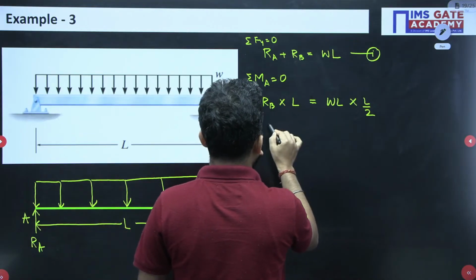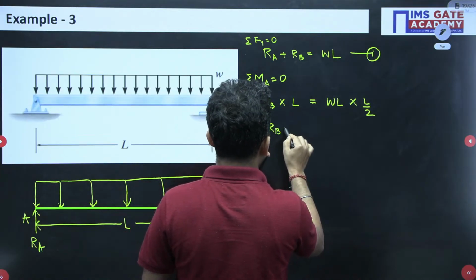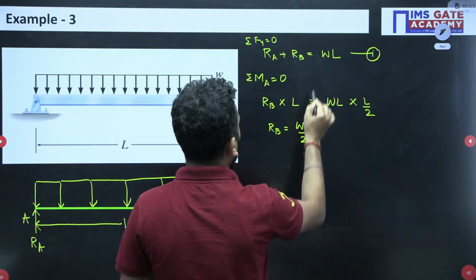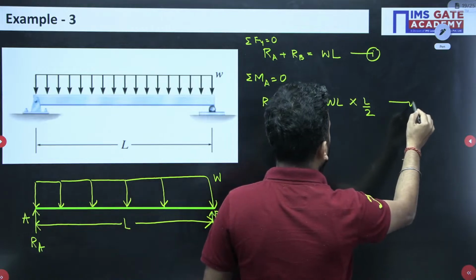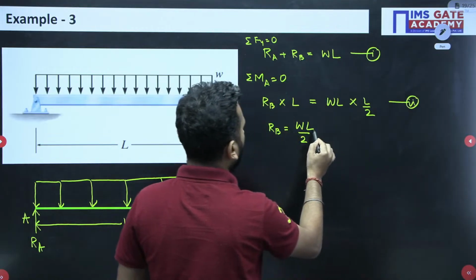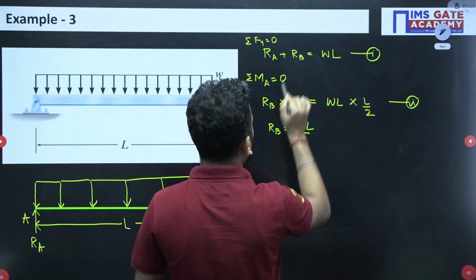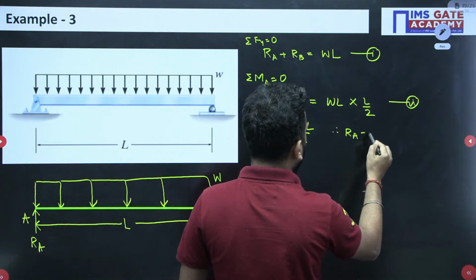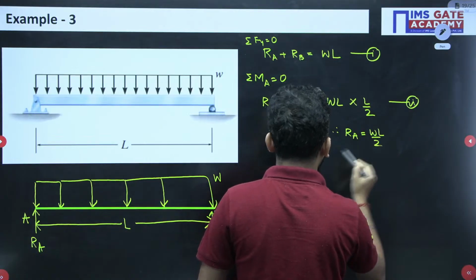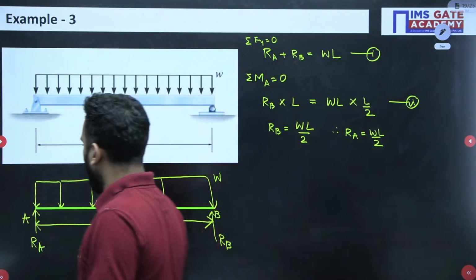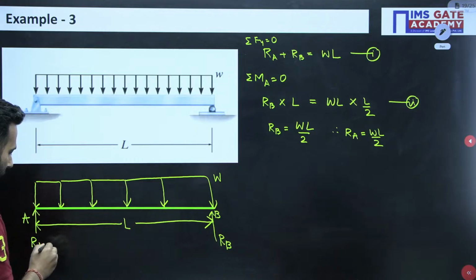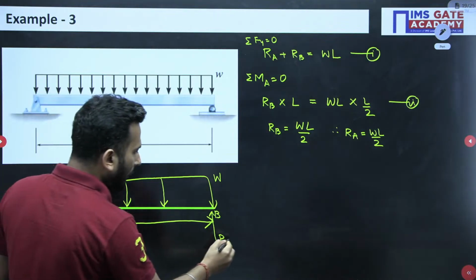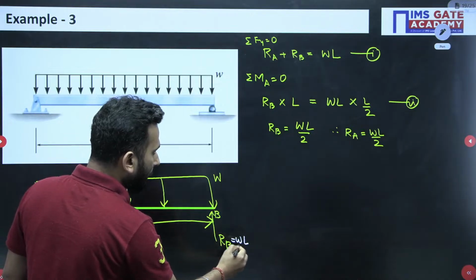So L and L get cancelled out, and RB will be equal to WL by 2. This was equation 2, and if you substitute this RB value over here, RA will also be equal to WL by 2. Now this was the case of symmetric loading, so very easily I could have guessed that RA and RB would be equal to WL by 2 and WL by 2.